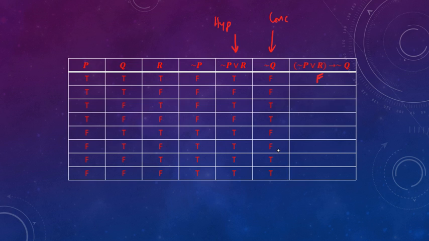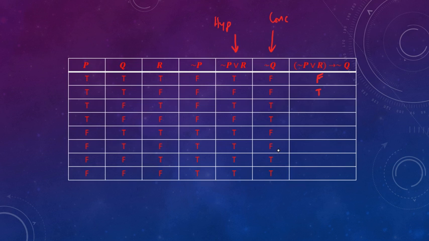In the next row down, we have a false implying a false. That is true. Again, anytime your hypothesis is false, your conditional is going to be true. The conditional, as we said in the previous video, is said to be vacuously true.